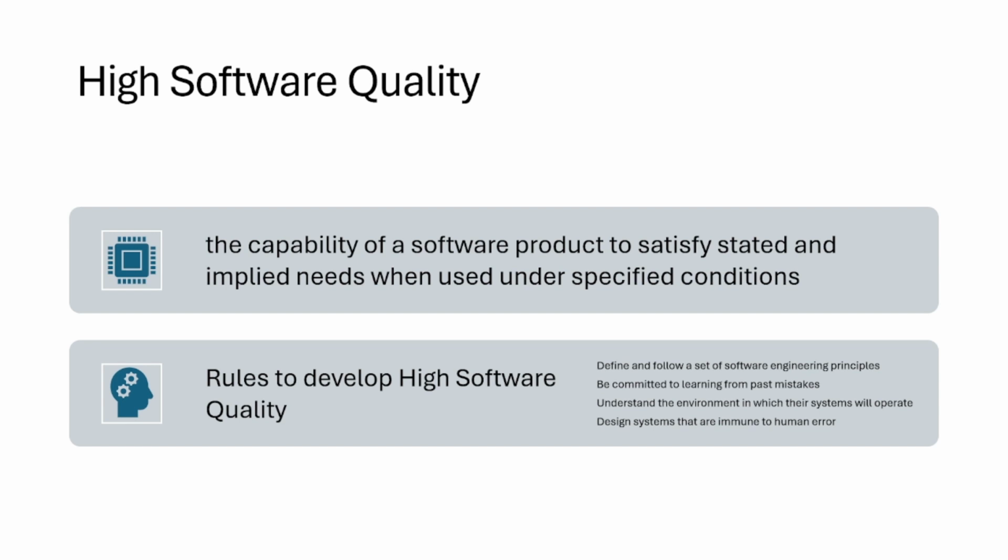The performance of the software is very important. The scalability of the software: high quality software should be handling increasing workloads. So that's what scalability means. The security of the software also is very important to achieve high quality software.